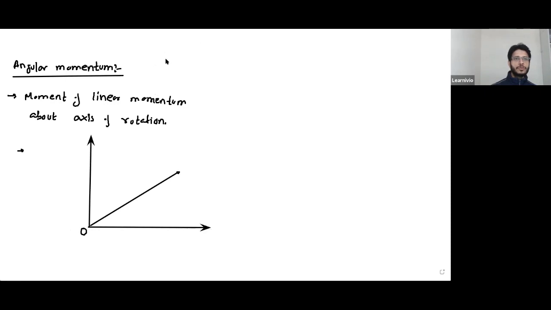Instead of force, this body has a momentum. This is the direction of momentum of the body, P. This is the position vector R. This angle is theta.